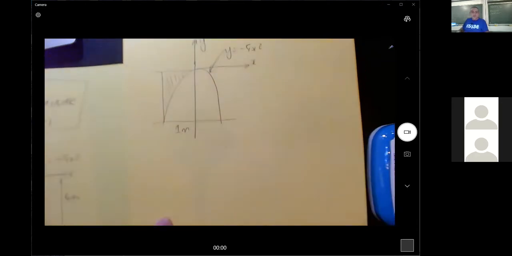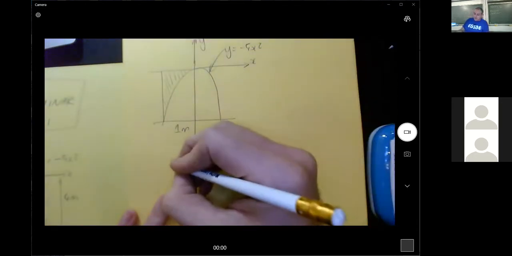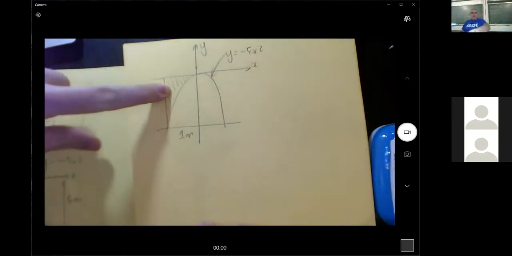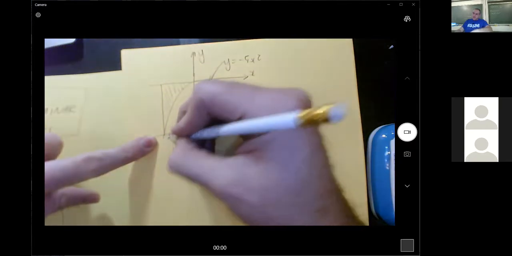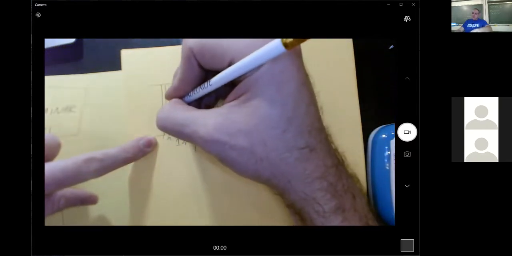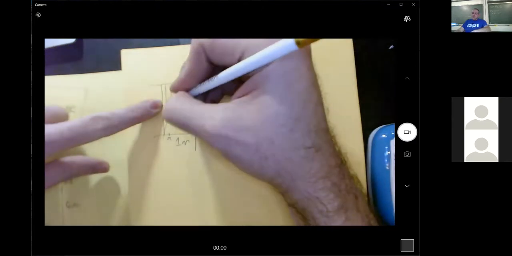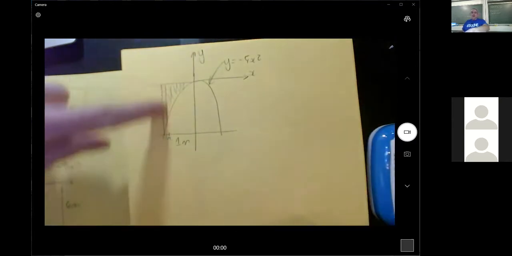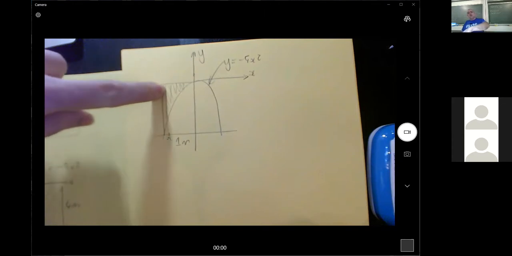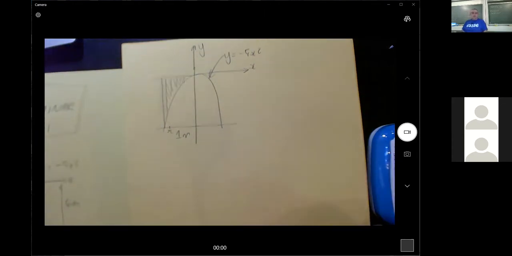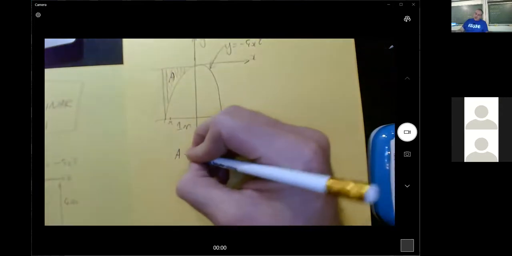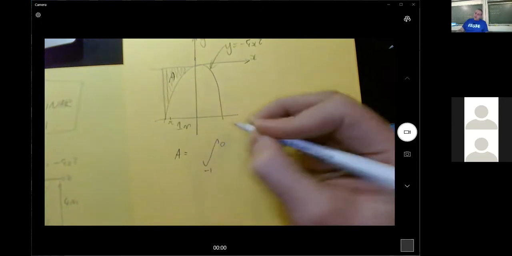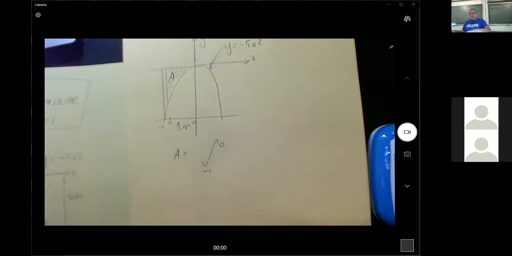So this area here, at every x position here, will be that length, and all those lengths accumulate and stack together to produce an area. So I'm thinking that this area here is the integral from -1 to 0, because that's the coordinate system I've been given, times the distance.